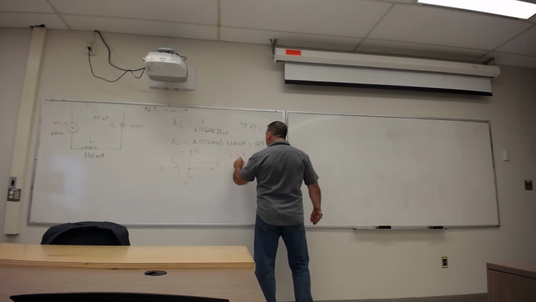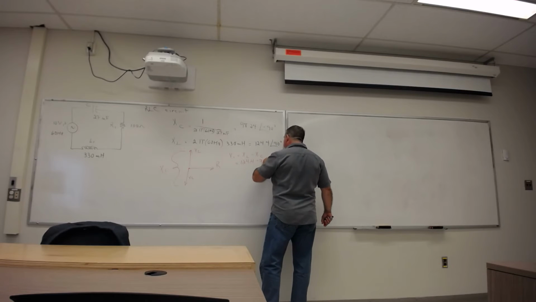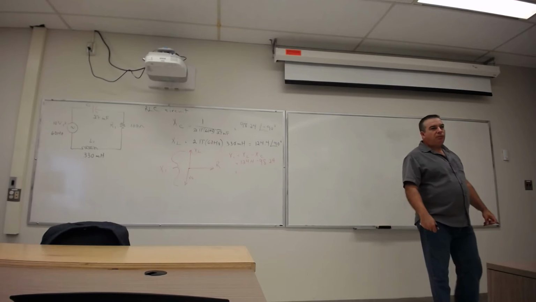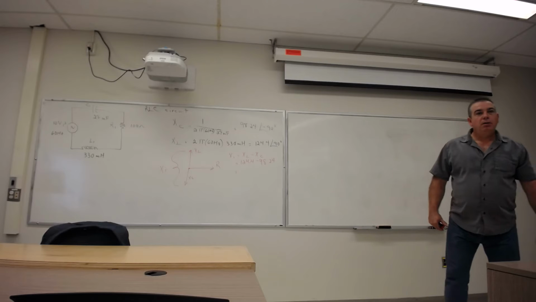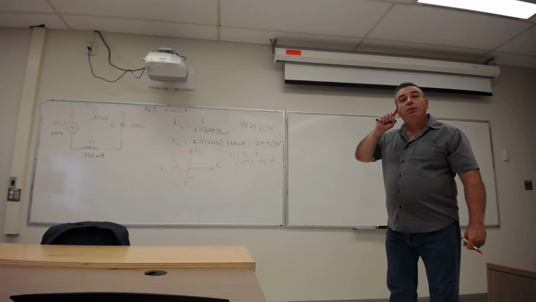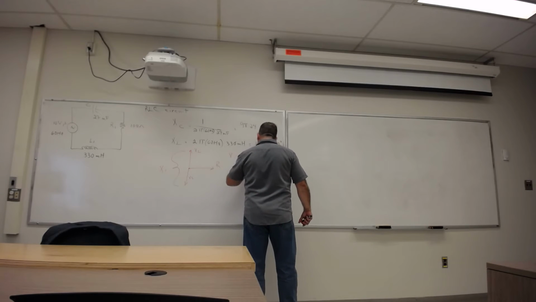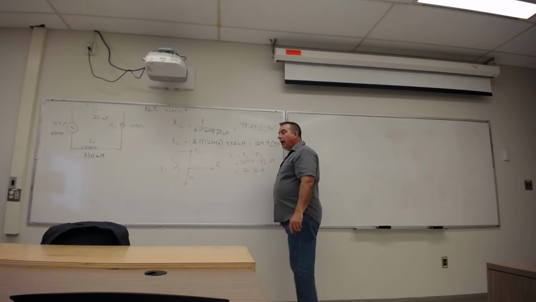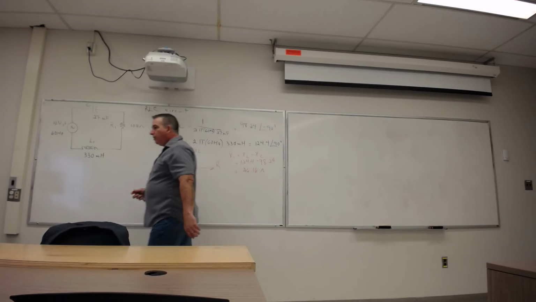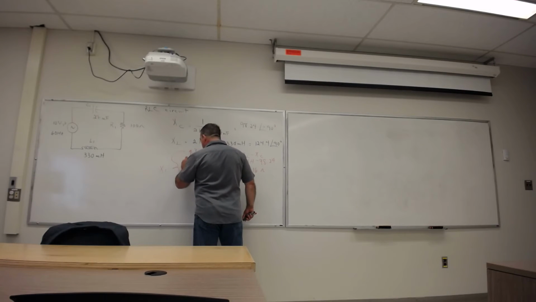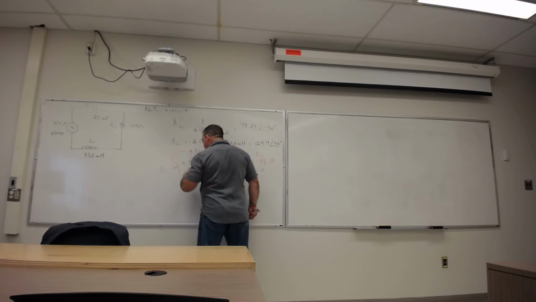So we'll take 124.4, take away 98.24, and that's going to give us 26.16 ohms. And that 26.16 is pointing, I'm doing it in green, it's the difference between these two. That's X1 right there.